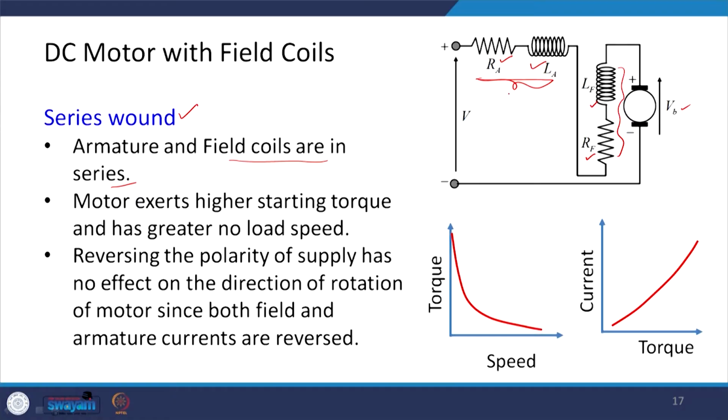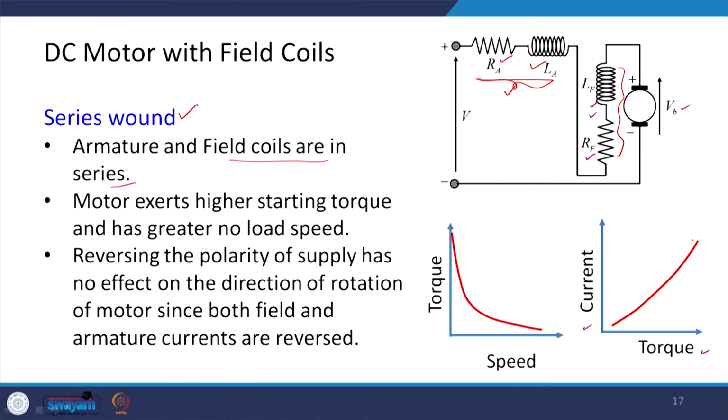Since armature and field coil are in series, if you reverse the polarity of the supply, it is not going to have any effect on the direction of rotation of the motor, because you are going to have a change in the current direction in both.